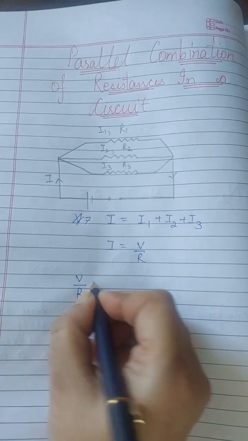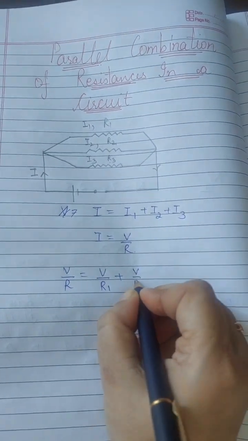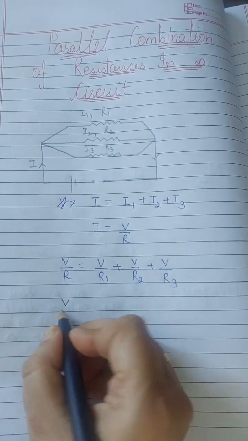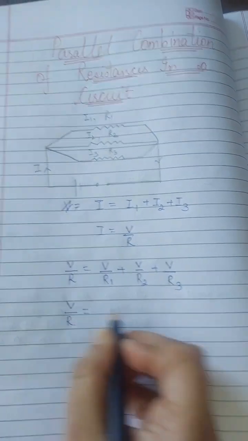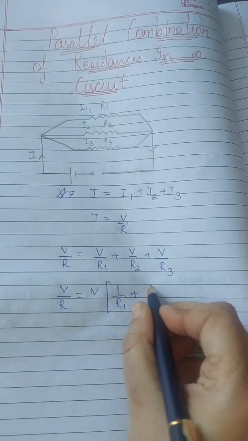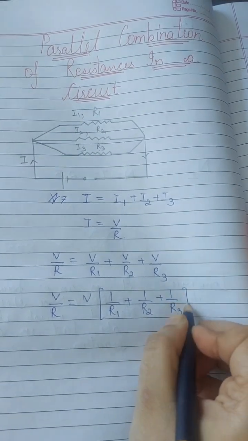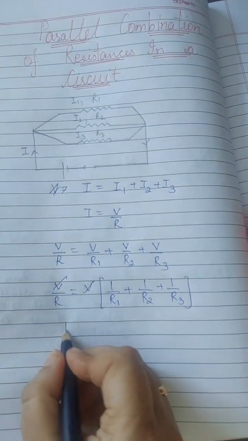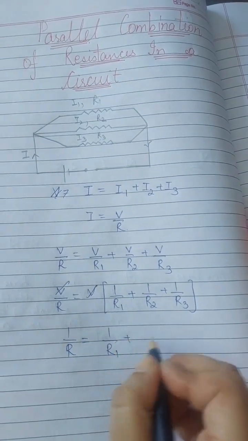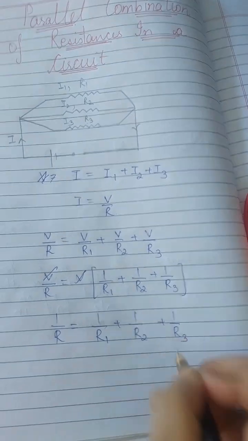So V upon R is equal to V upon R1 plus V upon R2 plus V upon R3. Taking V common, we are left with 1 upon R1 plus 1 upon R2 plus 1 upon R3. So 1 upon R is equal to 1 upon R1 plus 1 upon R2 plus 1 upon R3.